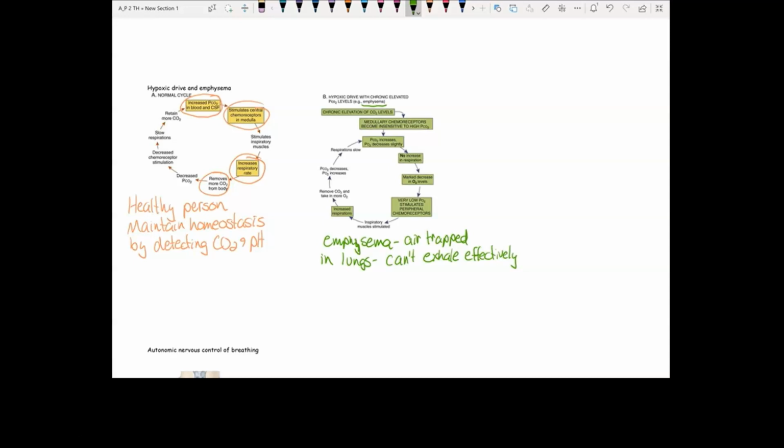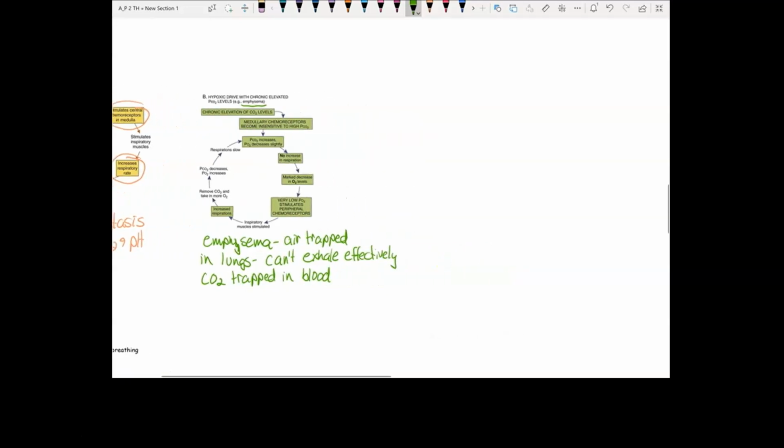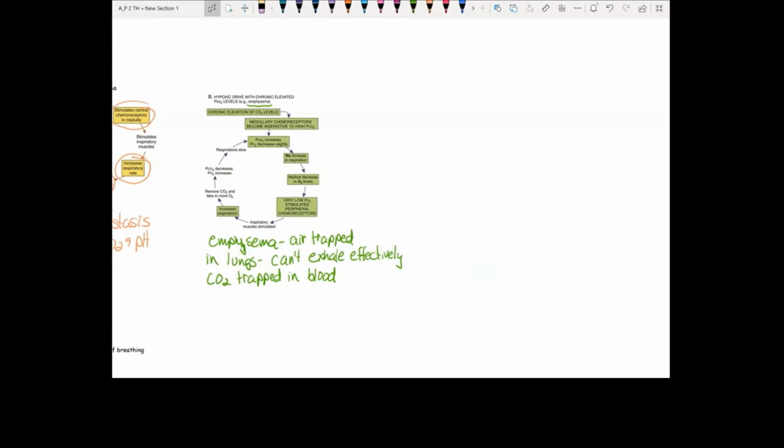Well, because you can't exhale effectively, this means that carbon dioxide becomes trapped in your blood. Okay, so then think about what happens to carbon dioxide level. If it's trapped in your blood, the level becomes high.